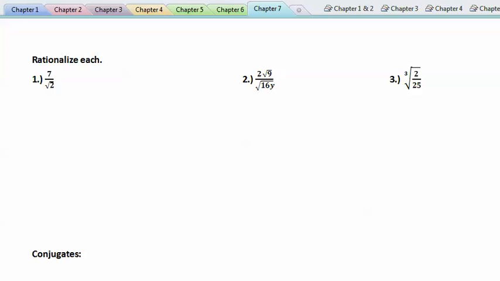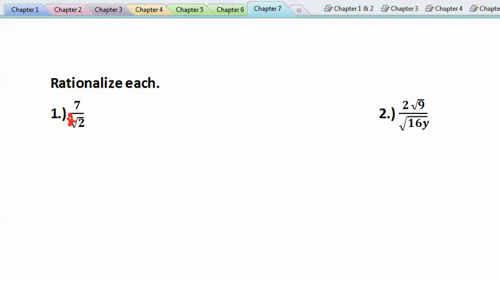Or you can simply multiply it by the same root depending on what the index is. Since the index is 2, I want to multiply by the square root of 2. That gives me a pair. I'm going to do square root of 2 over square root of 2 because that will give us 1 and won't change the problem.